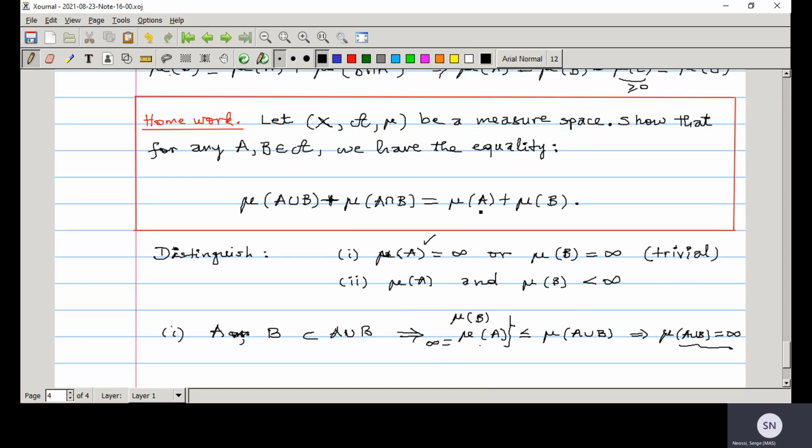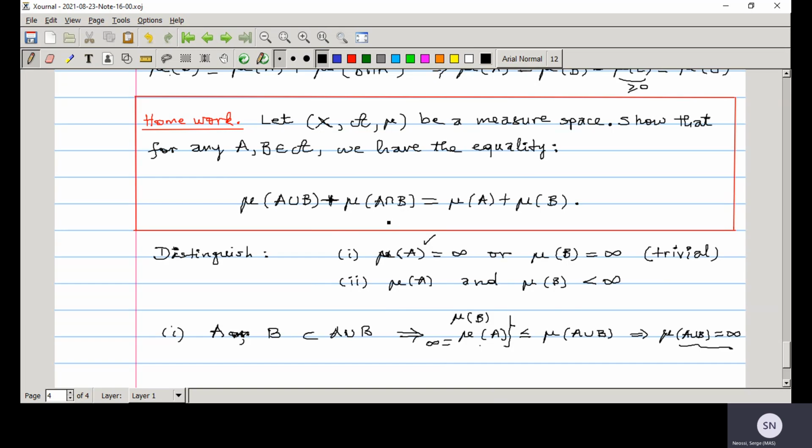Now for this one, we now need to specify the case where both mu A is finite and mu B is finite. Therefore, you have to write A union B and A intersection B in terms of what?